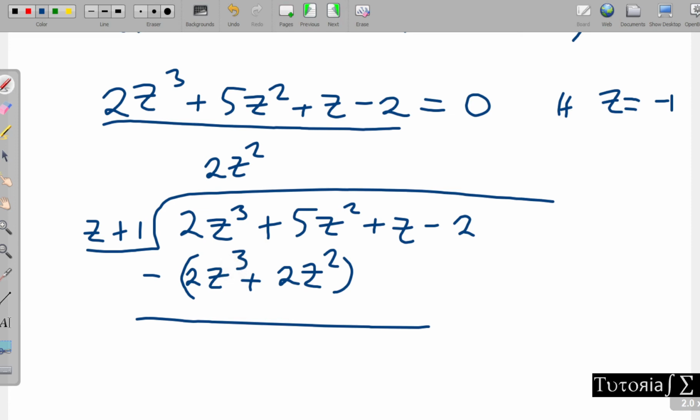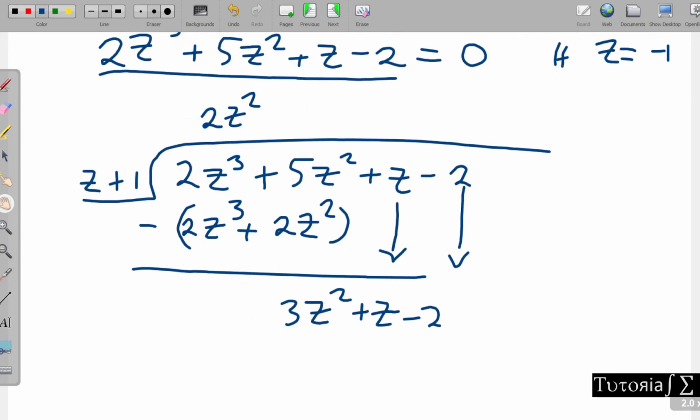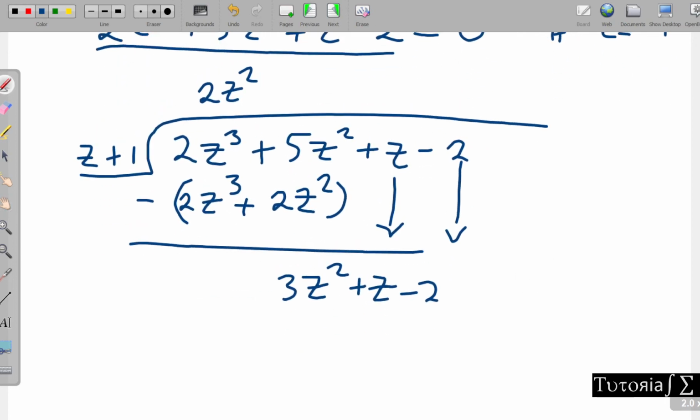Subtracting, we have 3z squared here. If you want, you can drop the z and also drop the negative 2.